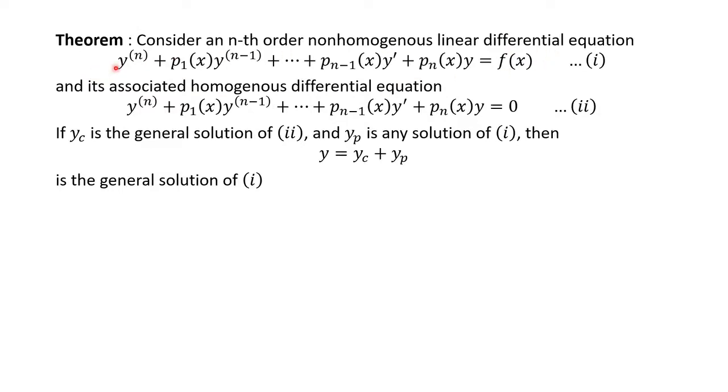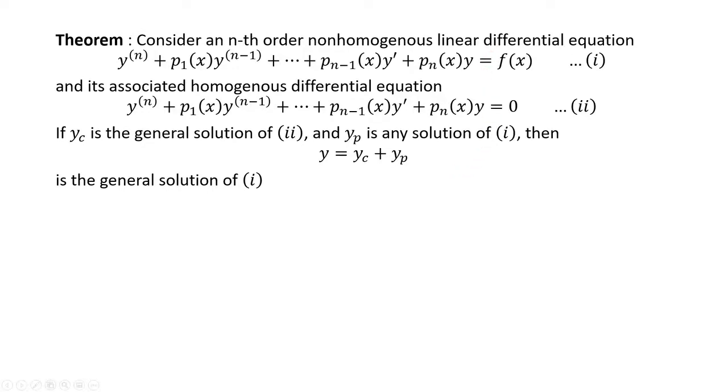If this is what we have, then if we can find a general solution in the case where that term is 0, so this associated homogeneous version of the original differential equation, if we can find a general solution for it and call it yc, and then if we can find just one, exactly one, doesn't matter which one, just one solution yp of the original differential equation, then the sum of that yc and this yp will be the general solution of the original differential equation.